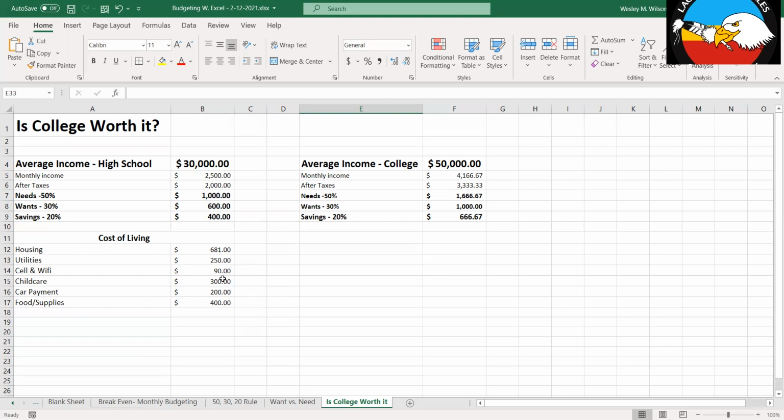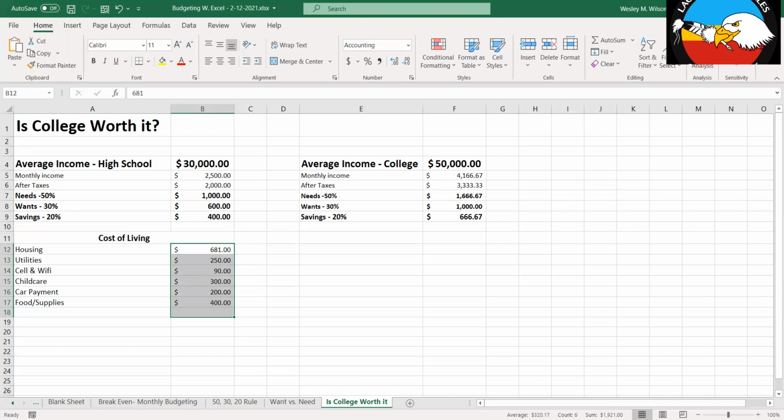Cell and Wi-Fi can be $90, if not more. Childcare is around $300. Lower end car payments are around $200. Food and supplies is going to be roughly $100 for the week if you have a family and you're trying to feed them. So when you total all this out, this is all needs.